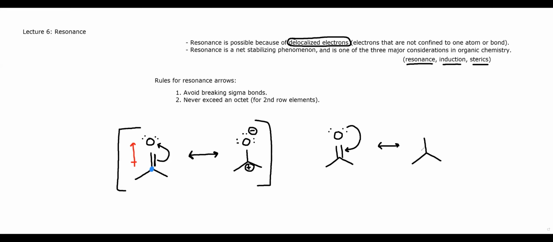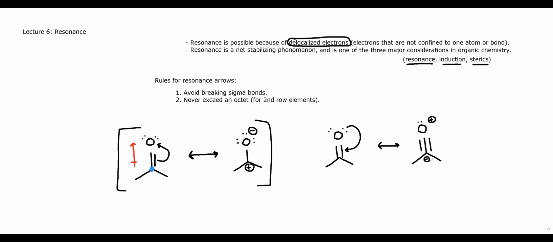That would give us a triple bond here, oxygen with 1 lone pair. So oxygen has 3 bonds and 1 lone pair, so oxygen would be positive, and carbon with 5 bonds would be negative, but it's not possible as far as we're concerned in this class, okay?